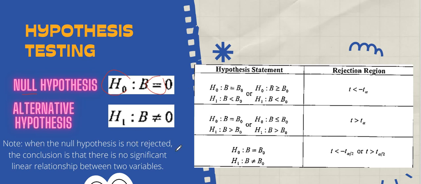When the null hypothesis is not rejected, which means we accept it, the conclusion is that there is no significant linear relationship. We have the cases left-sided, right-sided, and two-sided. Left-sided is less than, right-sided is greater than.